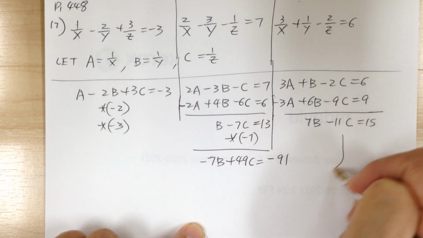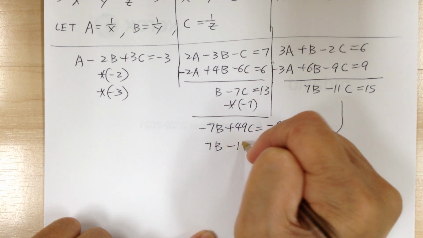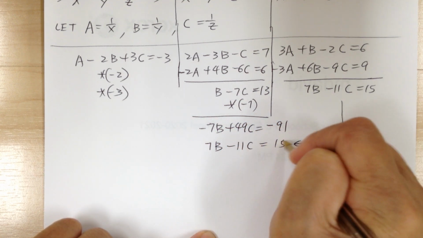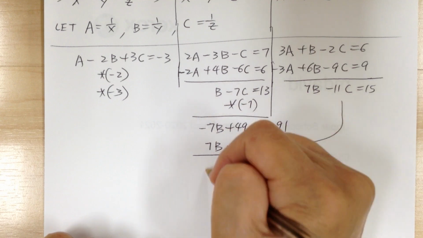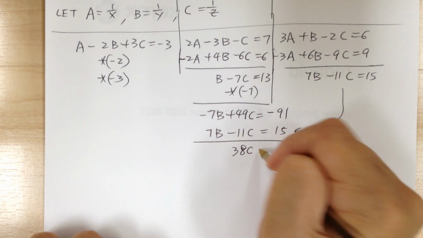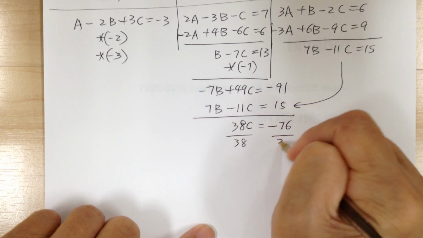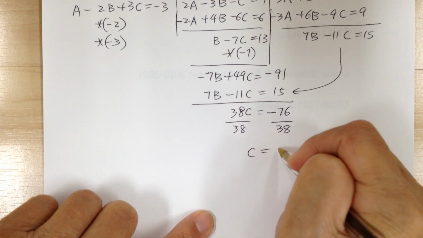And I'm going to put this equation down here: 7b minus 11c equal to 15. So when I add, this will cancel out. So I got 38c equal to negative 76. Divide by 38 on both sides. So I got c equal to negative 2.